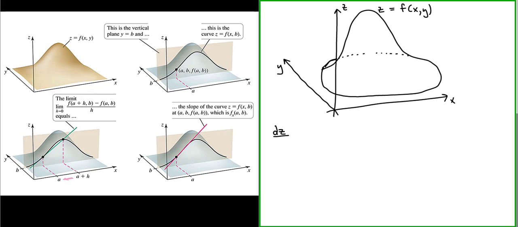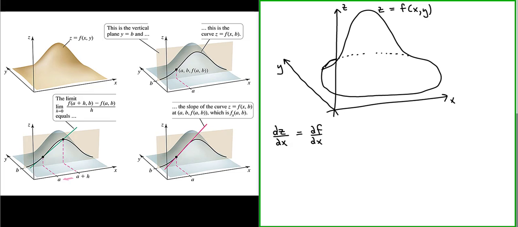Or rather, let's do the partial derivative of our function with respect to x. So the partial derivative of our function with respect to x is taken by treating the variable y as a constant.